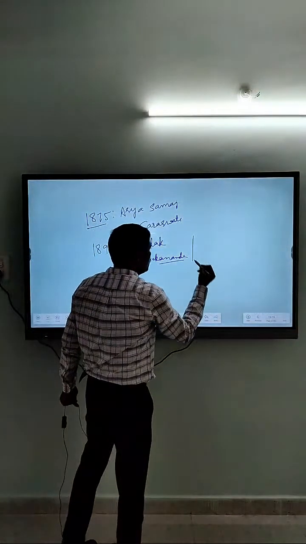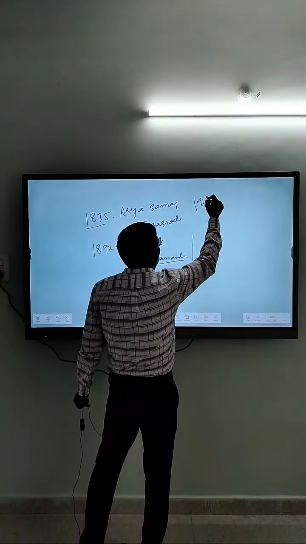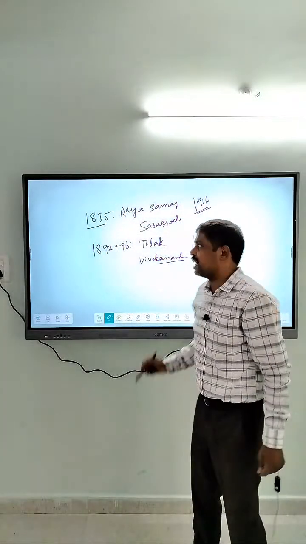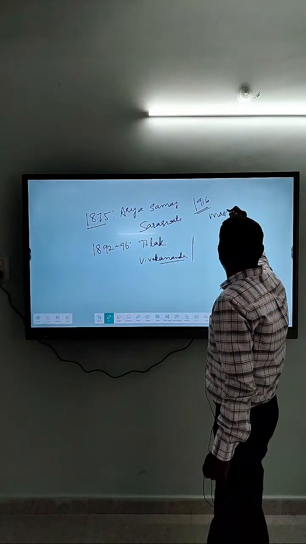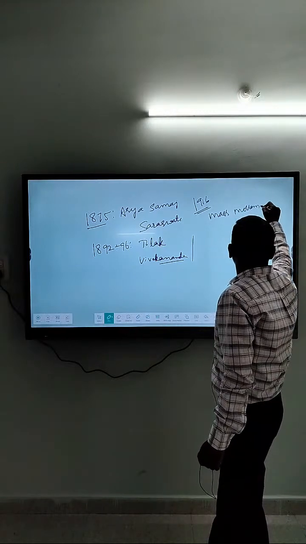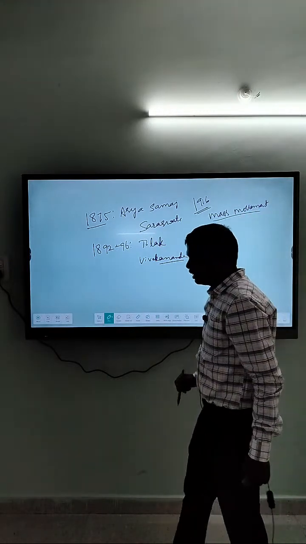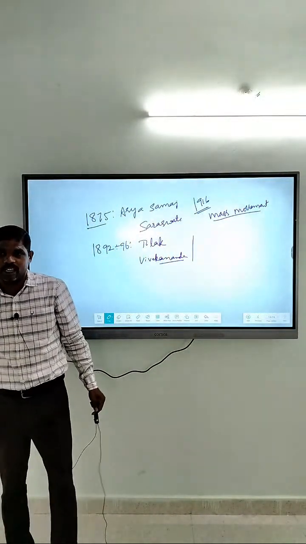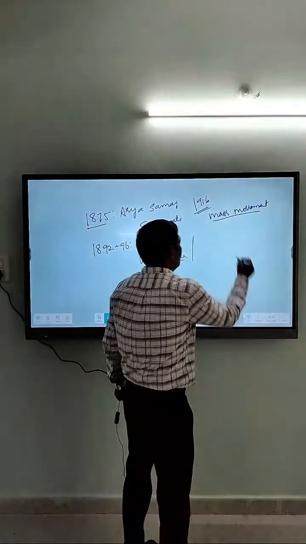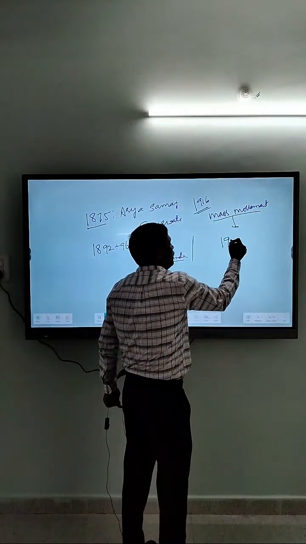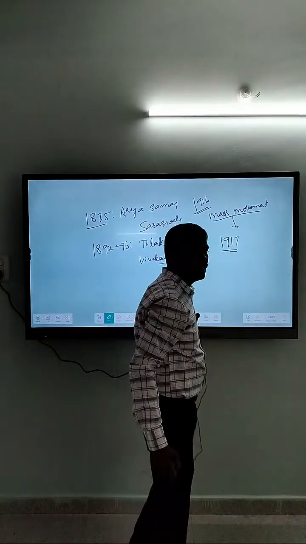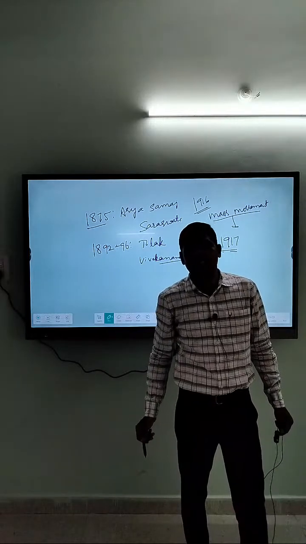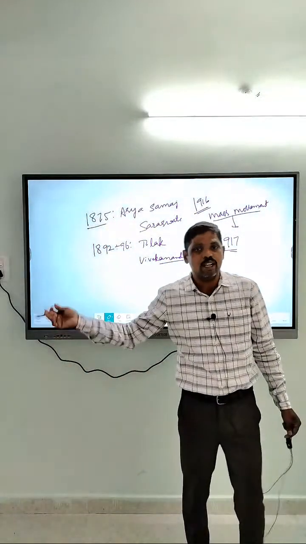In 1916, a mass movement was organized, and the impact of this mass movement is that by 1917, the British government took a decision of announcing what we call responsible government, and even a statement was made in the British Parliament.